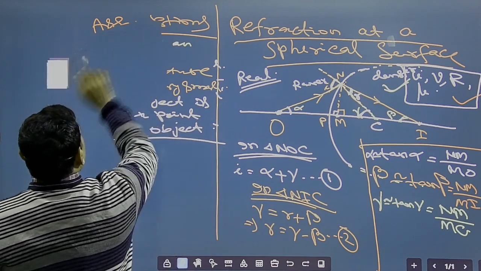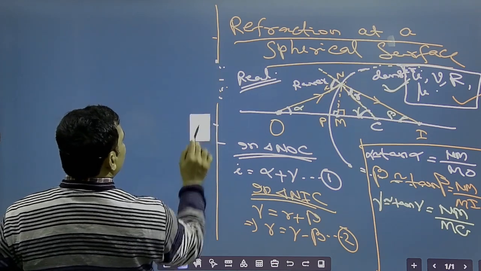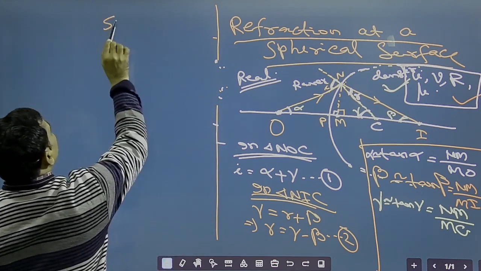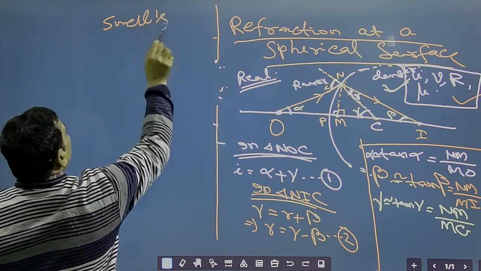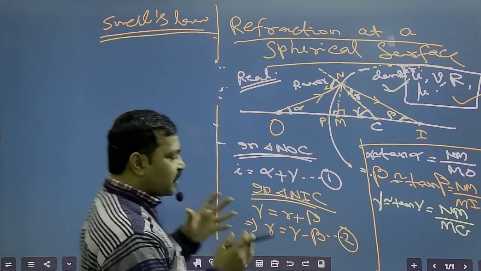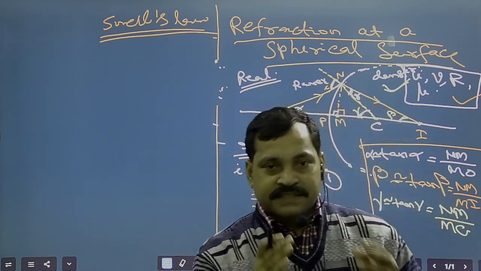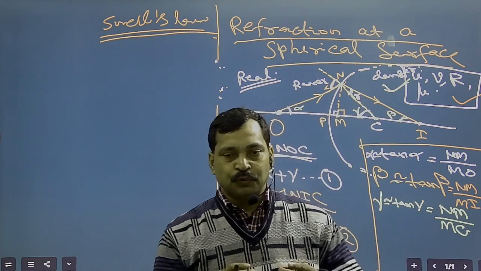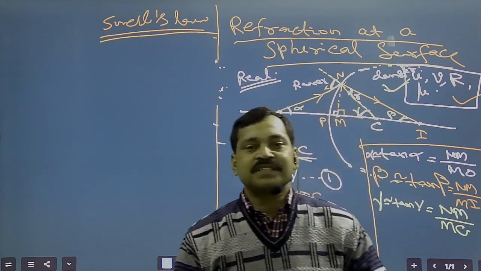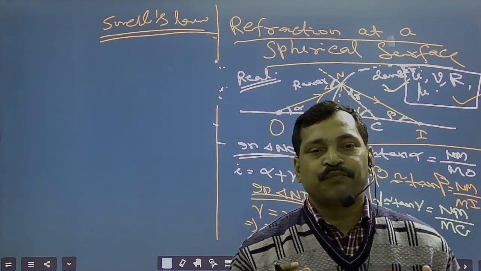So here we'll be using Snell's law. You know what Snell's law is? During any refraction considered for a given pair of media, the ratio of the sine of the angle of incidence to the sine of the angle of refraction is a constant, and this is equal to the refractive index of the second medium with respect to the first medium.